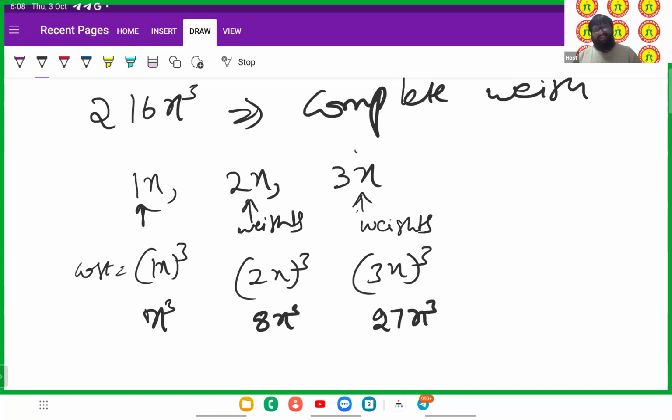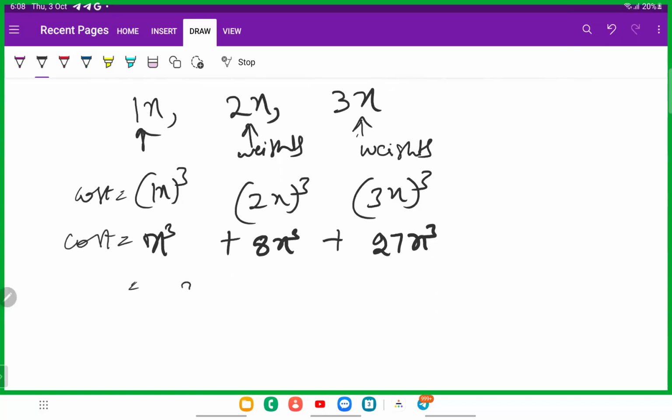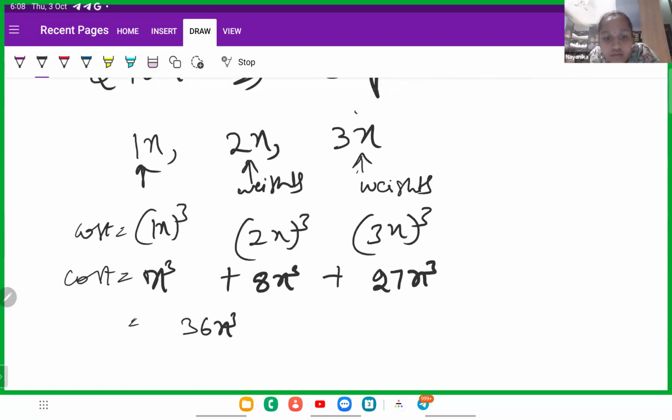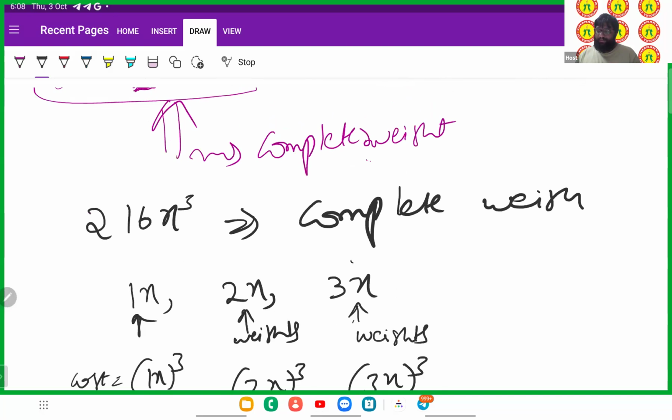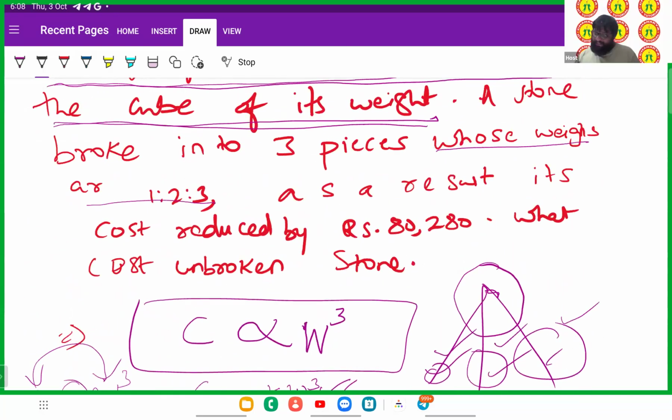So if I add all this, how much cost am I getting? 36x cube. Now you check here, it is clearly mentioned 3 pieces whose weights are 1:2:3.